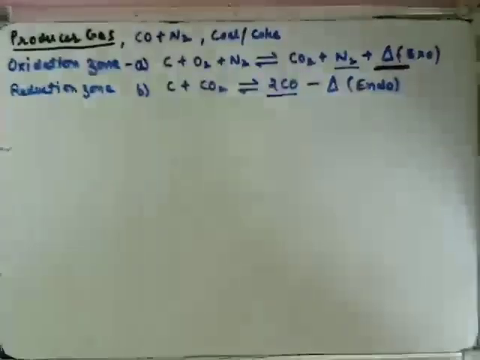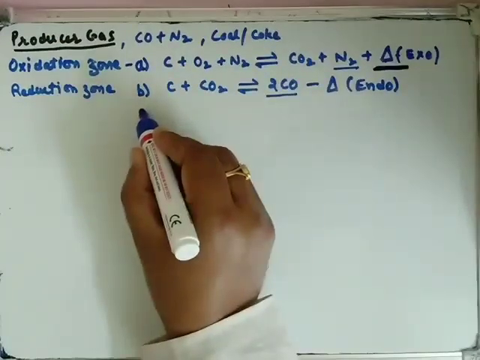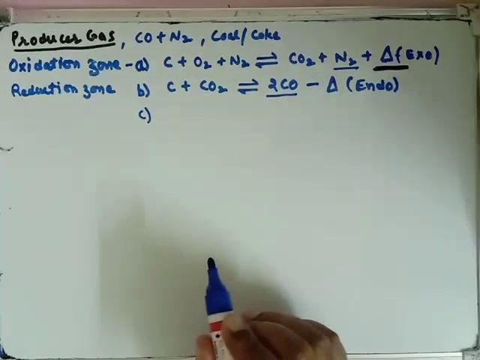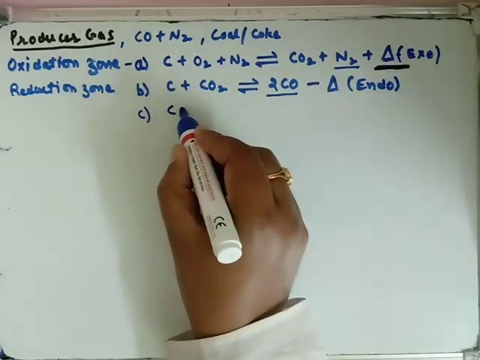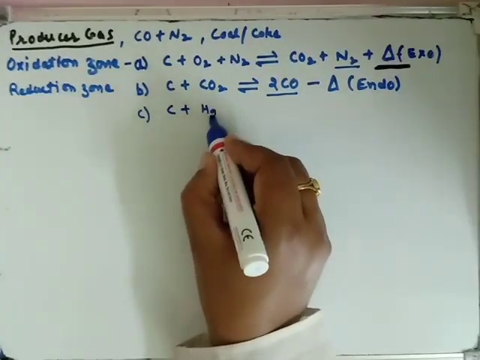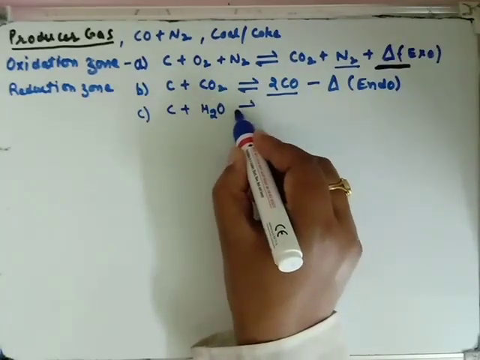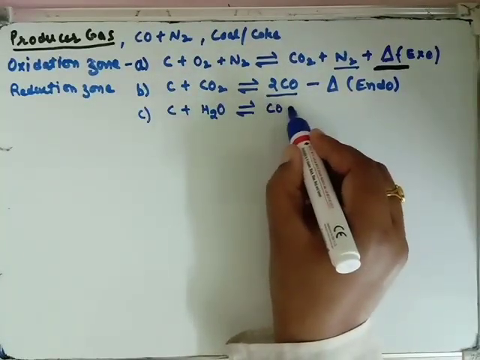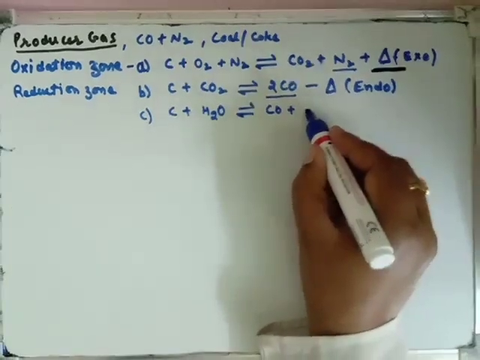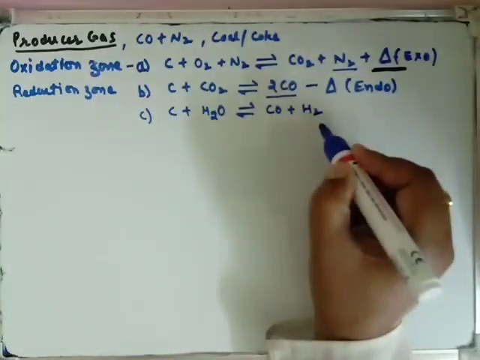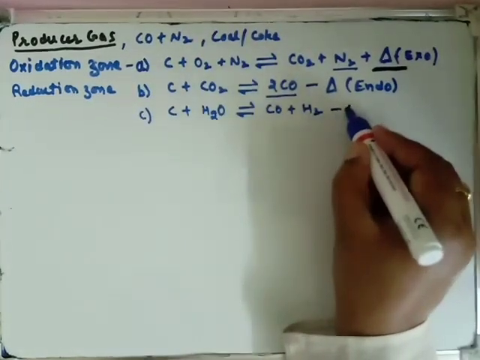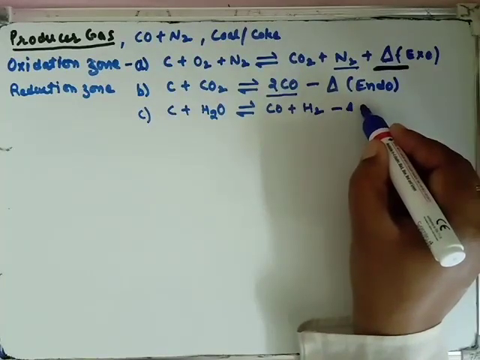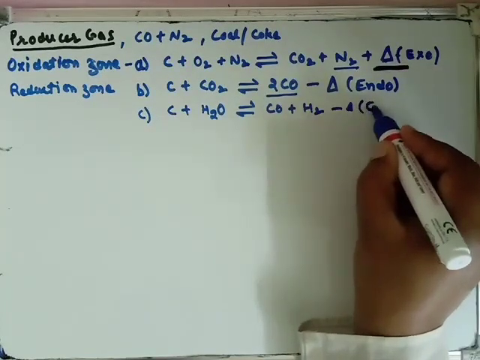The first reaction which happens with the steam in the reduction zone is that carbon reacts with water, that is steam, to form carbon monoxide plus hydrogen gas, right? And this reaction is again endothermic in nature.